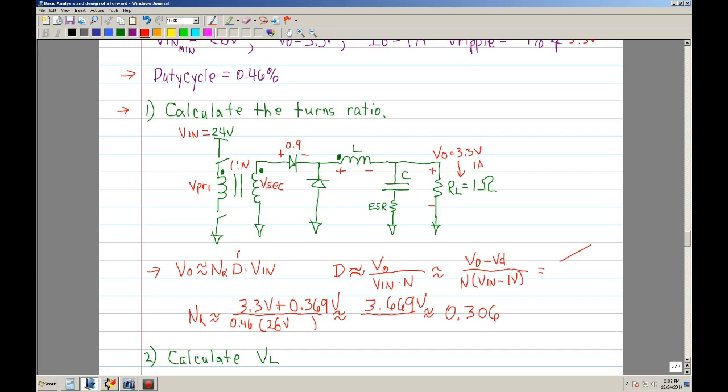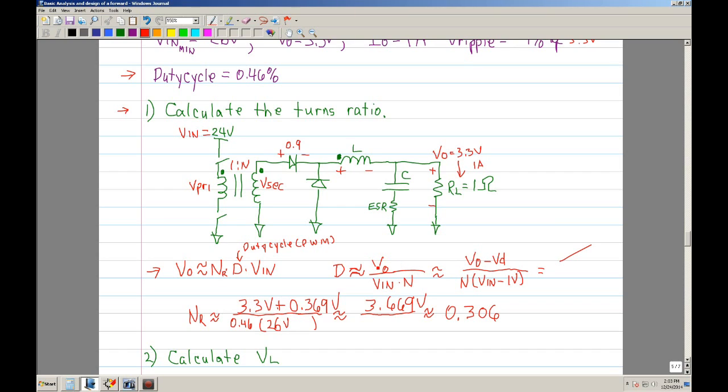This is the duty cycle, the duty cycle that's set by the PWM, and of course this is my input voltage. Now if you solve for D, you end up with this equation.